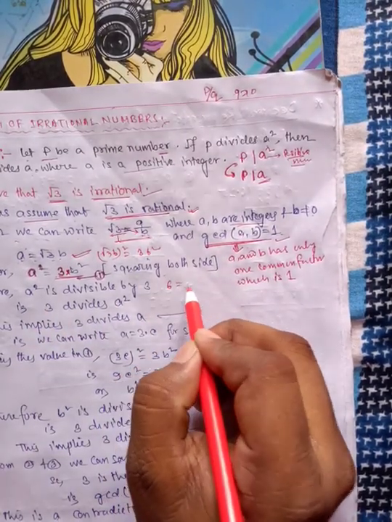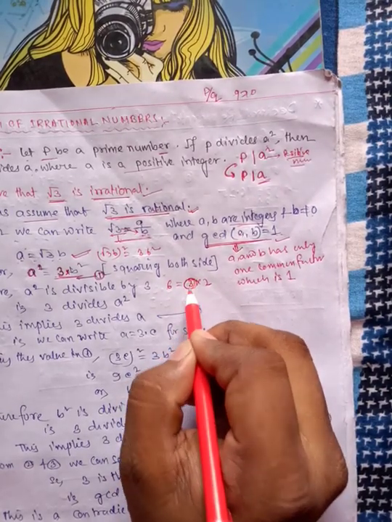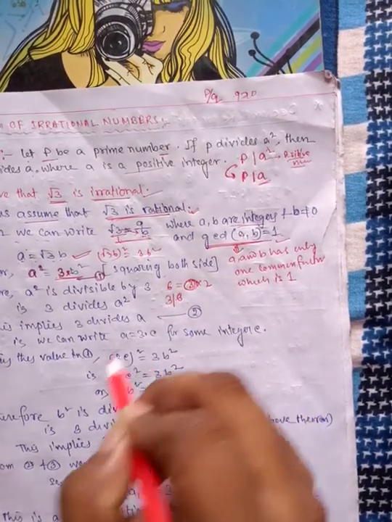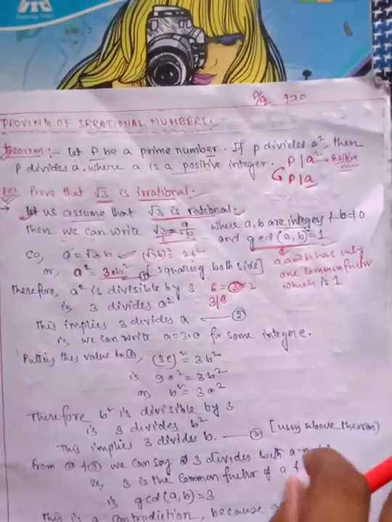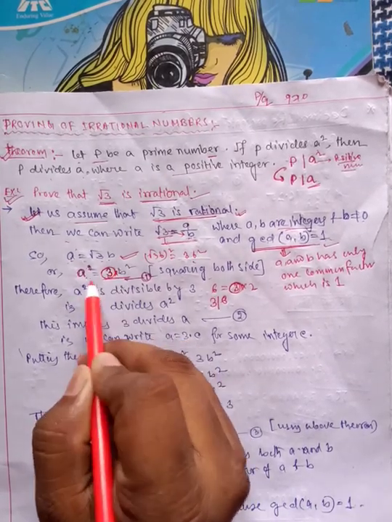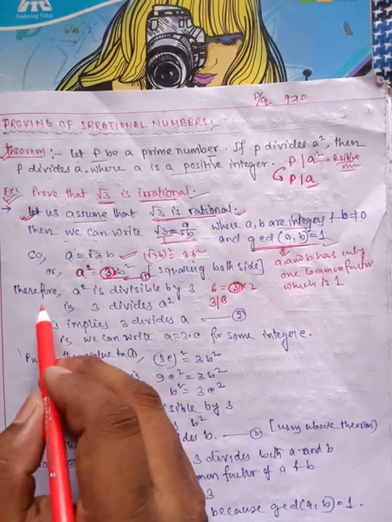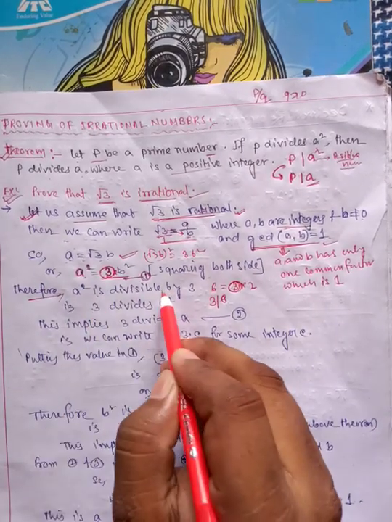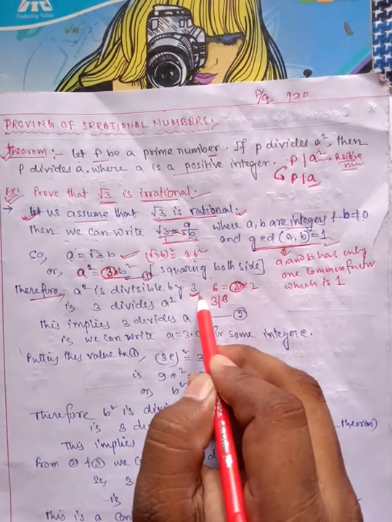For example, suppose 6 equals 3 into 2, that is 6 contains a prime factor 3. So 6 is divisible by 3. 6 is always divisible by 3. And the same thing, as a square contains a prime factor 3, a square is always divisible by 3. So I have written, therefore a square is divisible by 3. Understood?